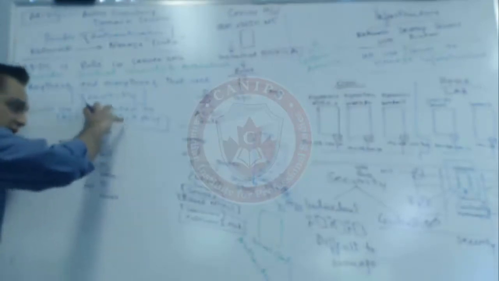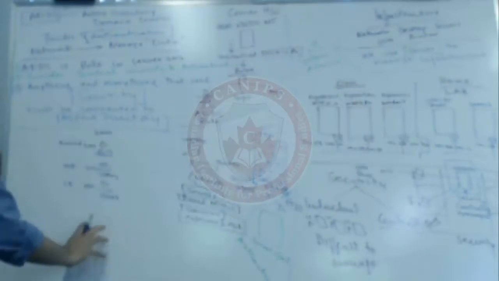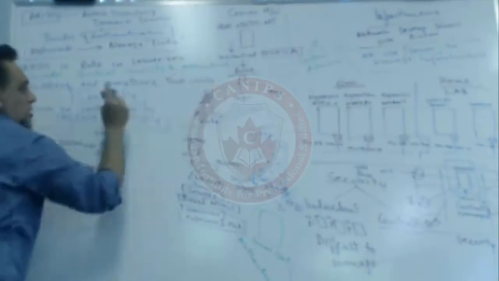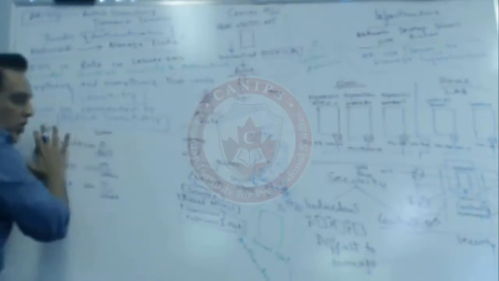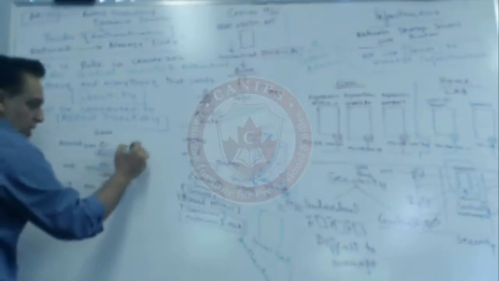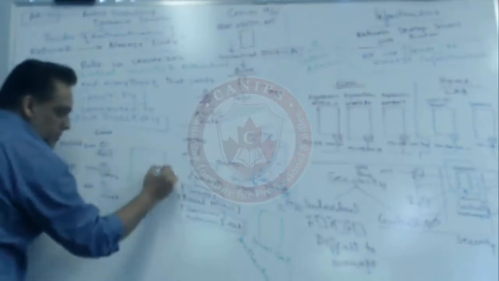So in order to manage all this security, let's go back to this definition: anything and everything that needs security must be connected to Active Directory. To manage this environment, all we do is bring a server in between.